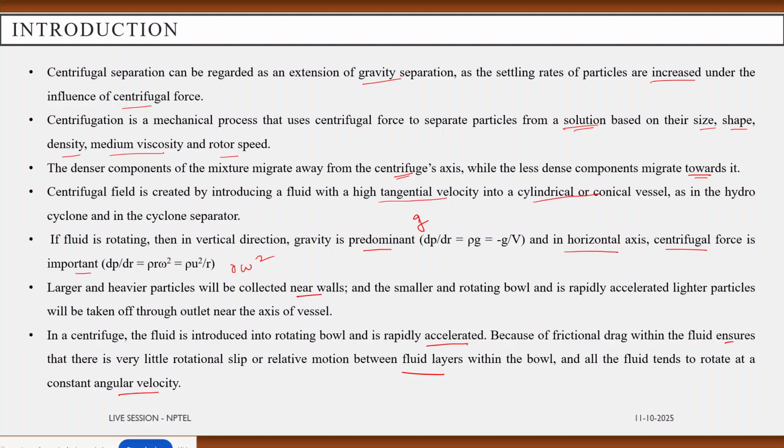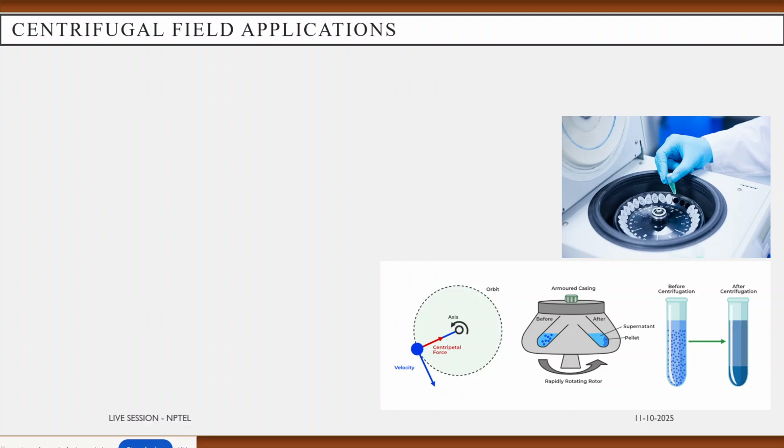Here, typically we use a mini centrifuge in a research laboratory. These are some centrifuge tubes, which generally look like this. This is the cap, and the centrifuge tube also looks like this, more or less.